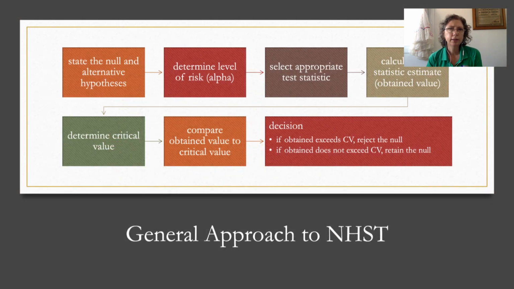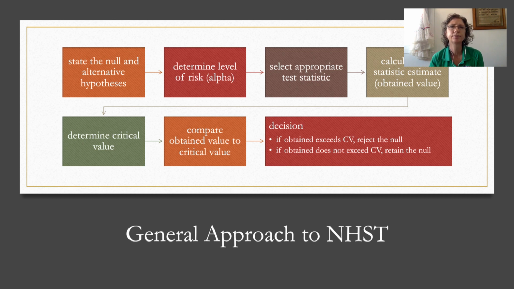So from your Elements of Statistics class, or back in the day, you probably were introduced to a process similar to this one, where you would need to state the null and alternative hypotheses, determine your level of risk or the alpha level for a test, select the appropriate test statistic, calculate the test estimate, determine the critical value and compare the obtained value to the critical value on a table in the back of the book.